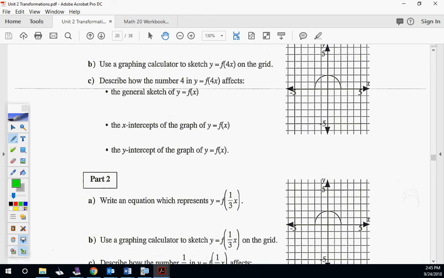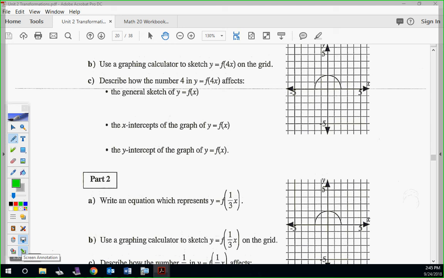So we'll sketch it in here. It is right here and right here, and it still goes through the 2 right there. That's what the picture looks like. So the general sketch creates a horizontal stretch about the y-axis by a factor of 1/4.